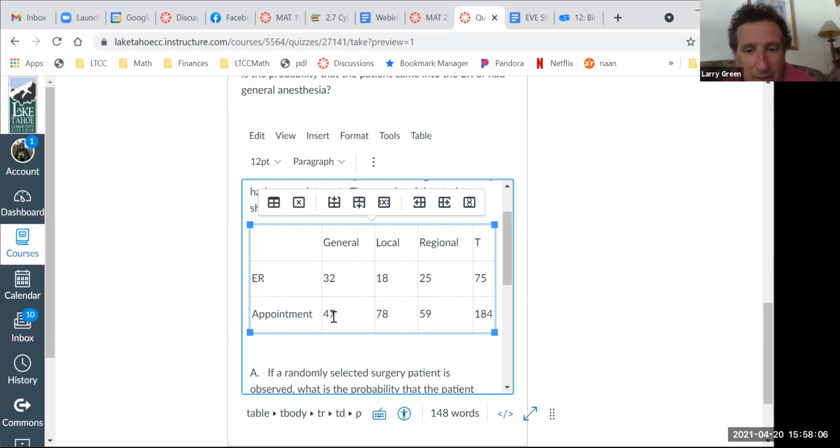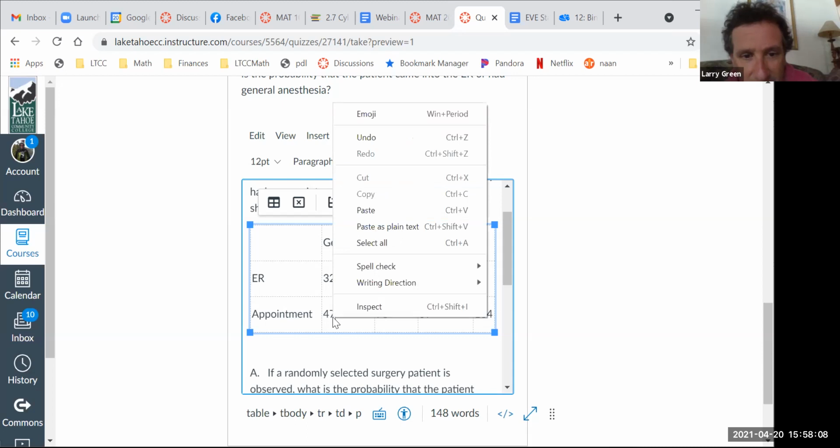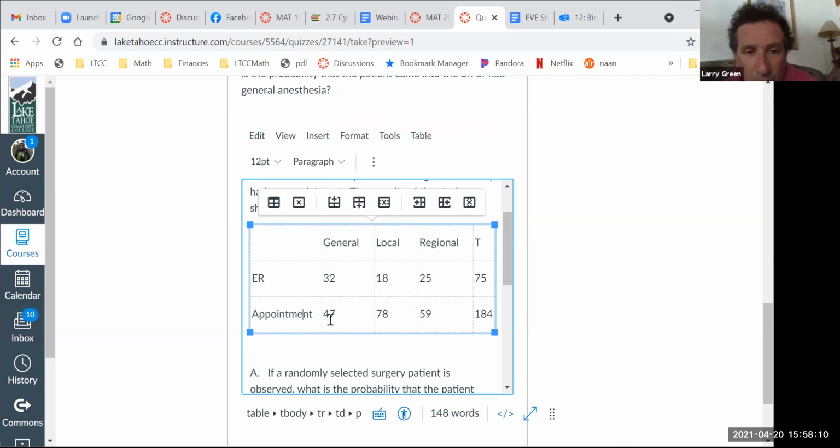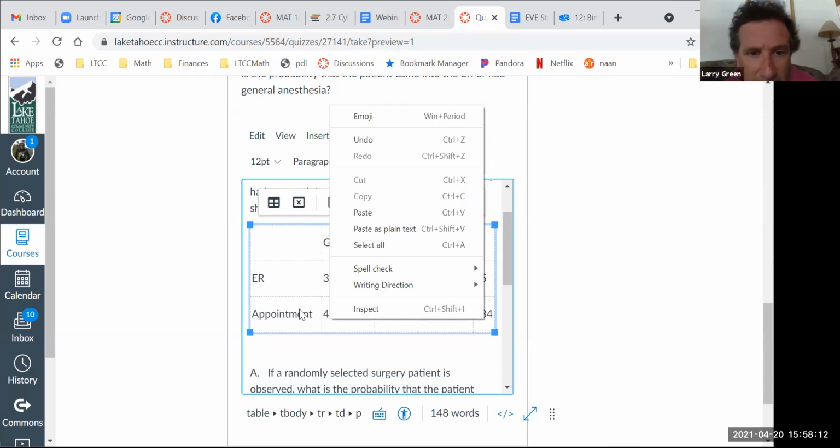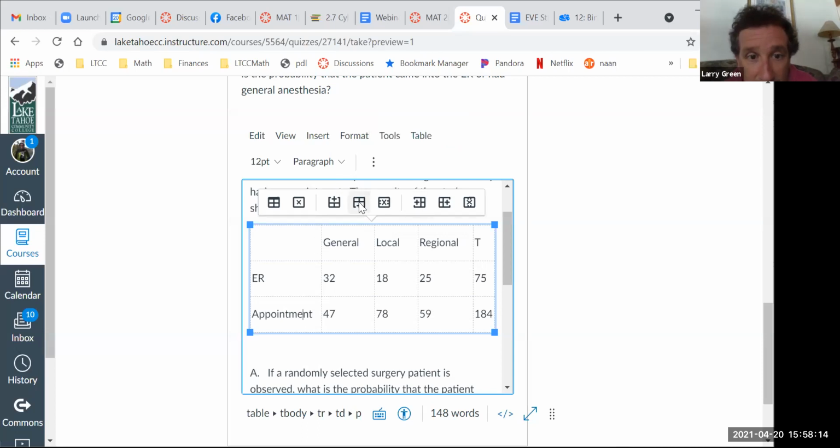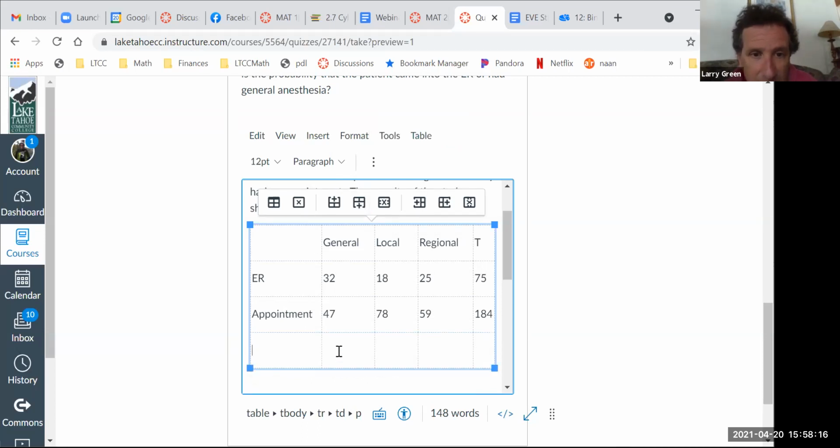And now let's come up with the totals for the other categories. For the general, we have 32 plus 47 is 79.